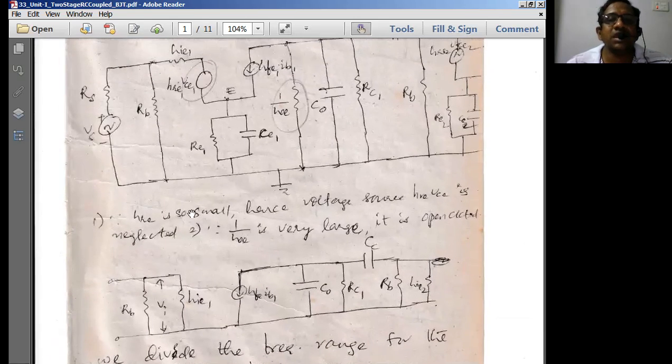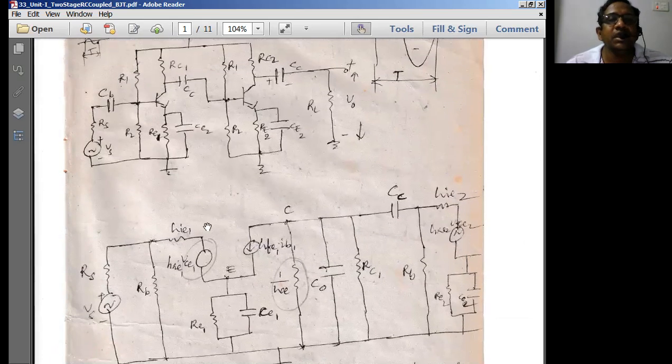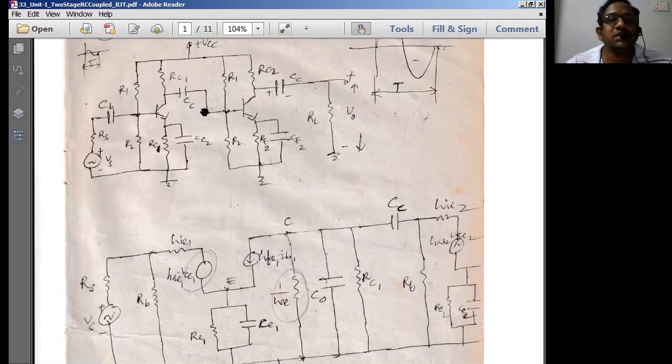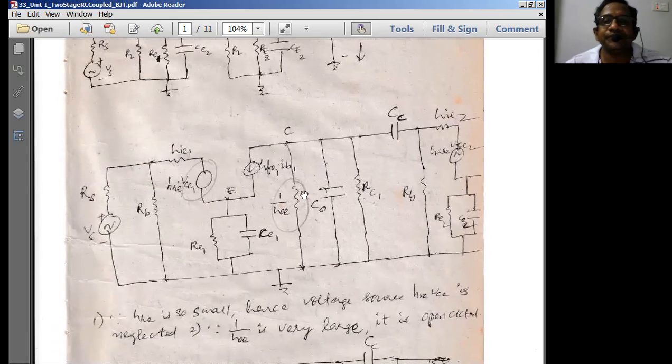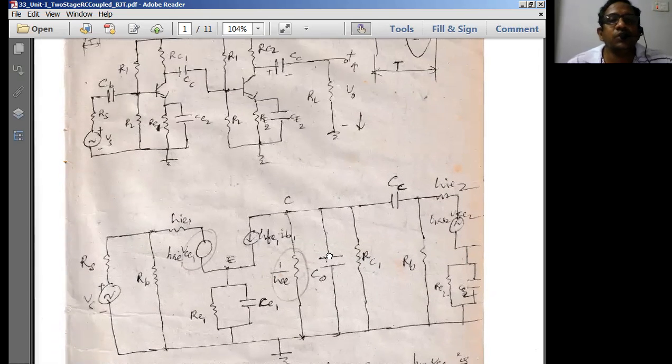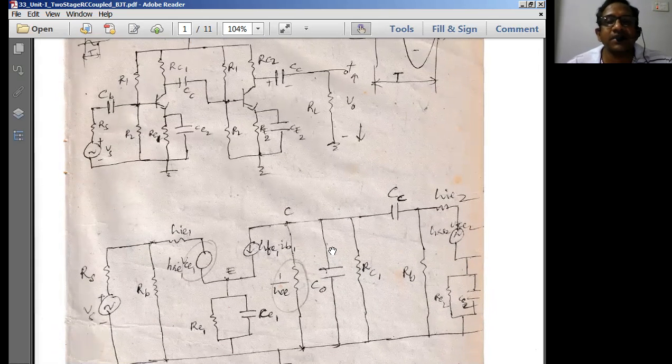So once you draw the equivalent circuit, between the collector and ground of the first transistor, that means between the first and second transistors, you are going to have the stray capacitance called C naught, which is due to the stray capacitance effect. So this is a virtual capacitor. It is not a physical capacitor.